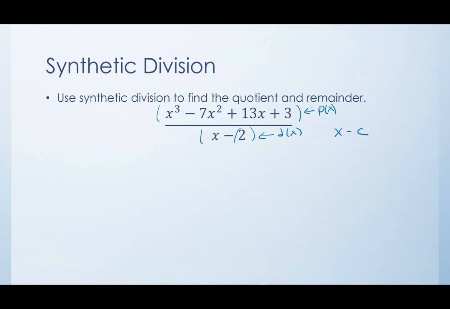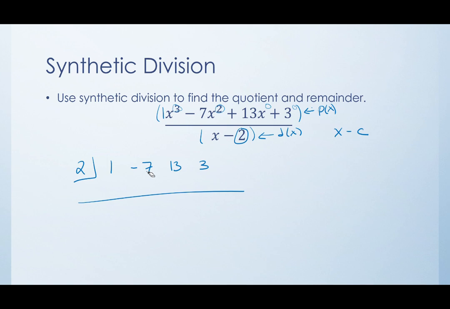So in this case, that number is 2. We're going to put that in a little box, and then we're going to put our coefficients. So we have 1, we have negative 7, so there's no missing terms on this one, right? Cube, squared, x to the first, x to the 0. So we're just writing down coefficients, 1, negative 7, 13, and 3.